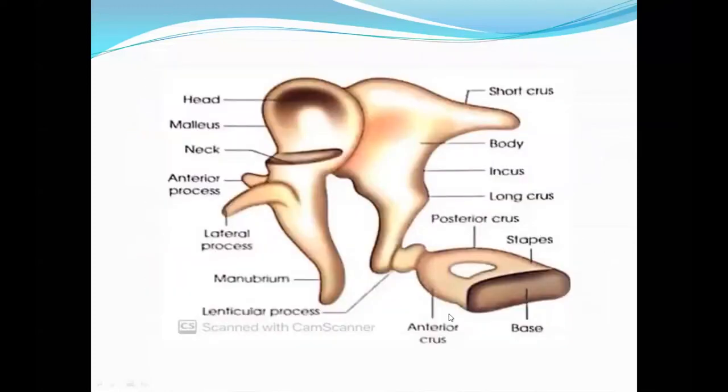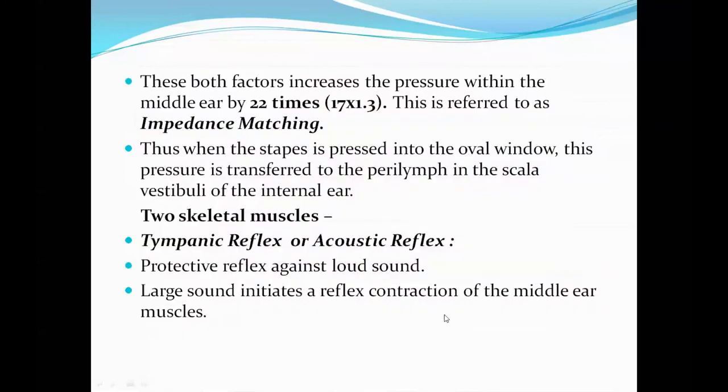So these both factors increase the pressure within the middle ear by 22 times, and this is referred to as impedance matching. Thus, when the stapes is pressed into the oval window, this pressure is transferred to the perilymph in the scala vestibuli of the internal ear.